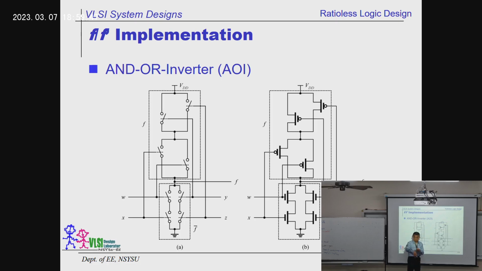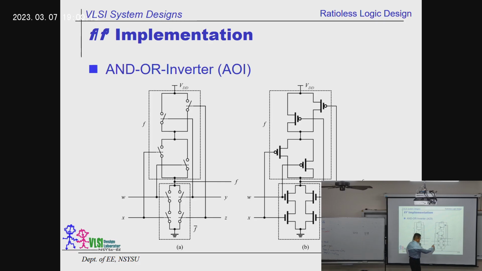Got it? They are stacked up. And similarly, we have two transistors controlled by Y and Z inputs. They are in serial. So we know that in the bottom we have W and X, and the other one is Y and Z. Is that clear?